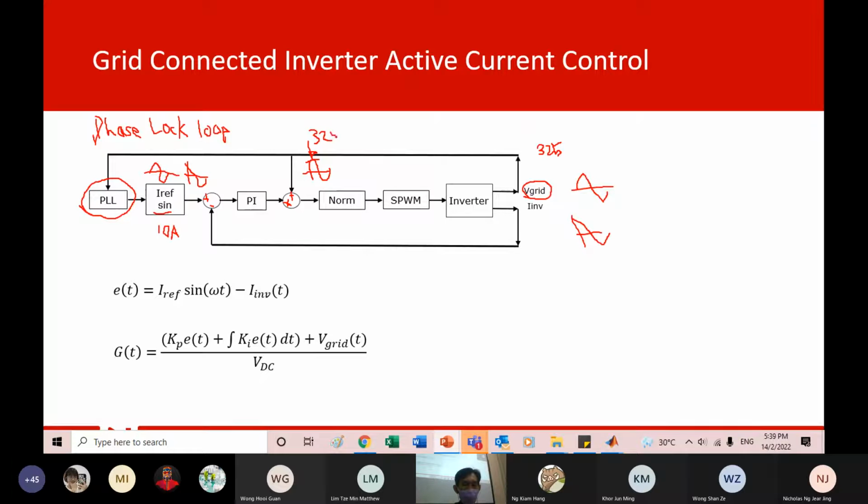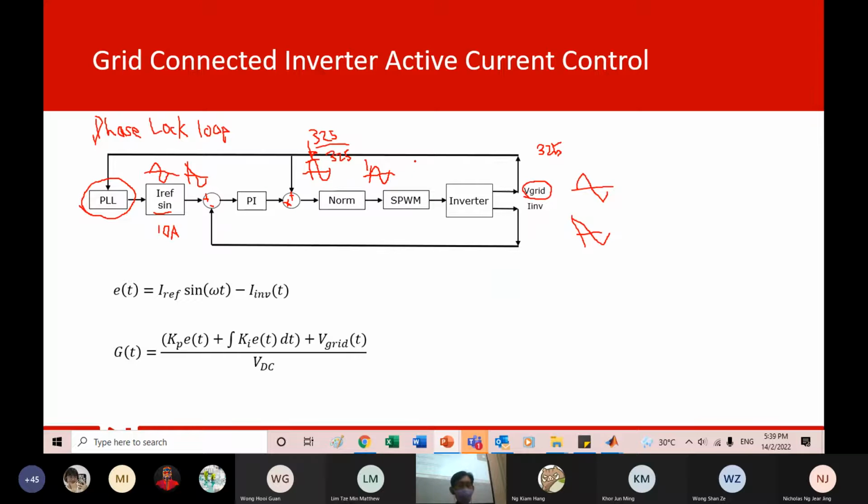The normalization is to divide this by 325, so that you will have a sine wave here that is normalized to 1, that is plus 1, minus 1.